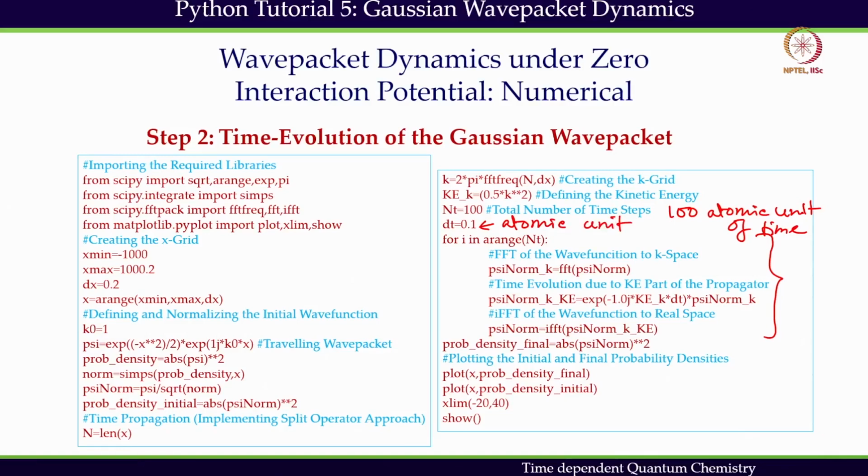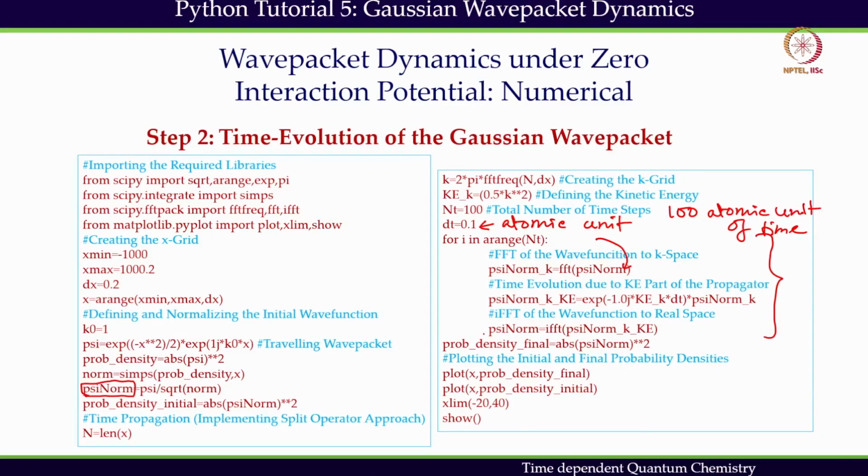And one more thing we have to remember: in the beginning of the iteration, we have this psi norm, the normalized wave function, that is used here in the first iteration.